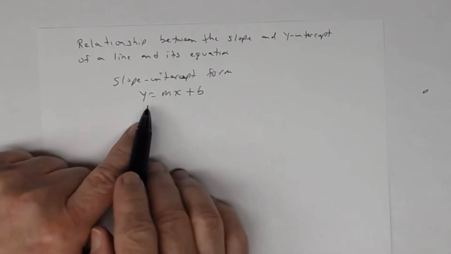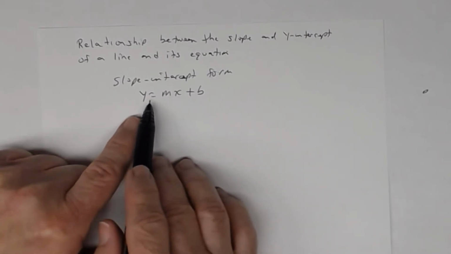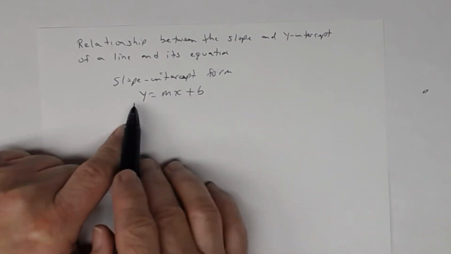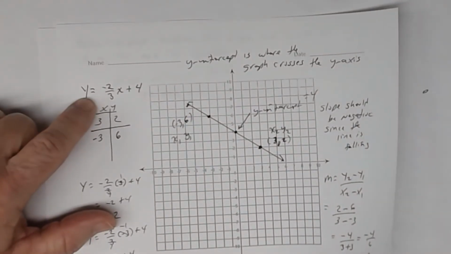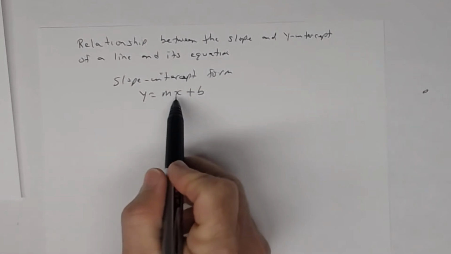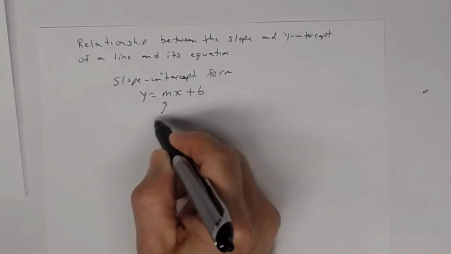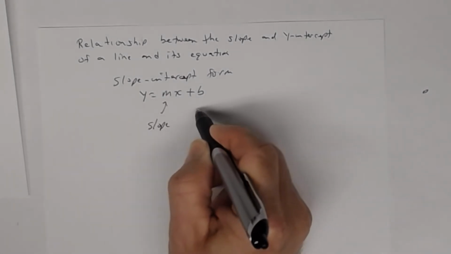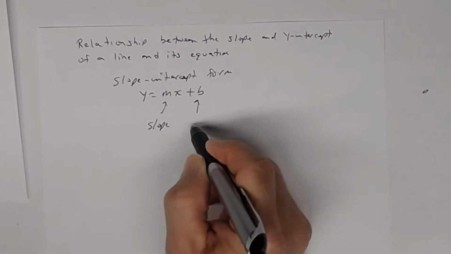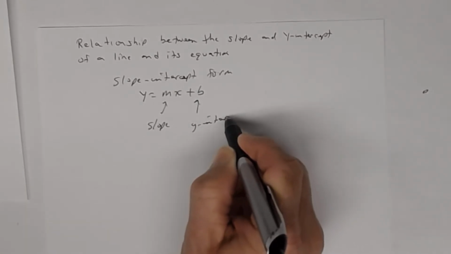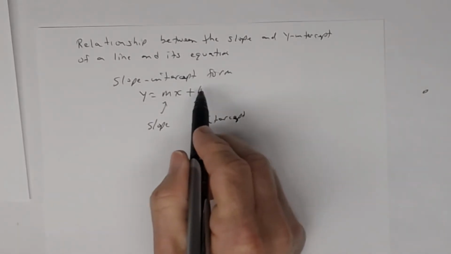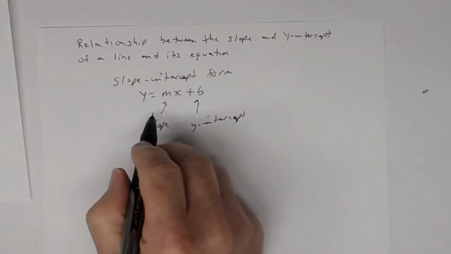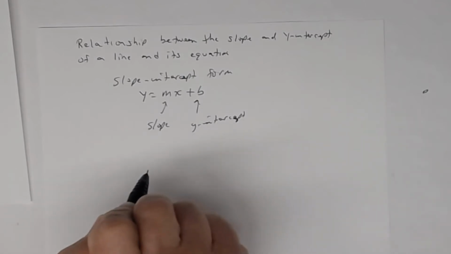So you're going to see this a lot. Y equals mx plus b. So whenever you get y by itself, like we had here, that coefficient of x is the slope, and that constant is your y-intercept. Always your y-intercept, where the graph crosses the y-axis. This is your slope, this is your y-intercept.